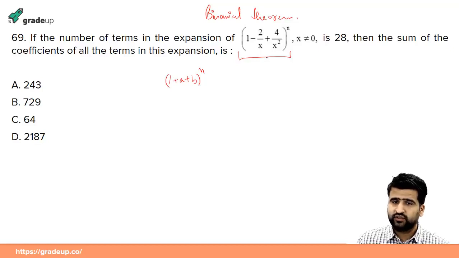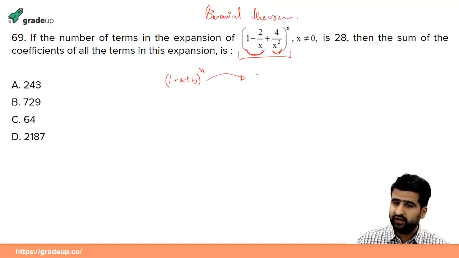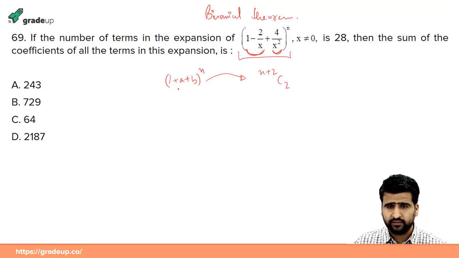So this is not a binomial theorem first of all, but you can convert it into binomial theorem if you take 2 terms on one side and 1 term on the other side. But just note down that the total number of terms over here will be equal to n plus 2c2. Alright, so by using this concept that the total number of terms of this trinomial expansion with the power n is equal to n plus 2c2.